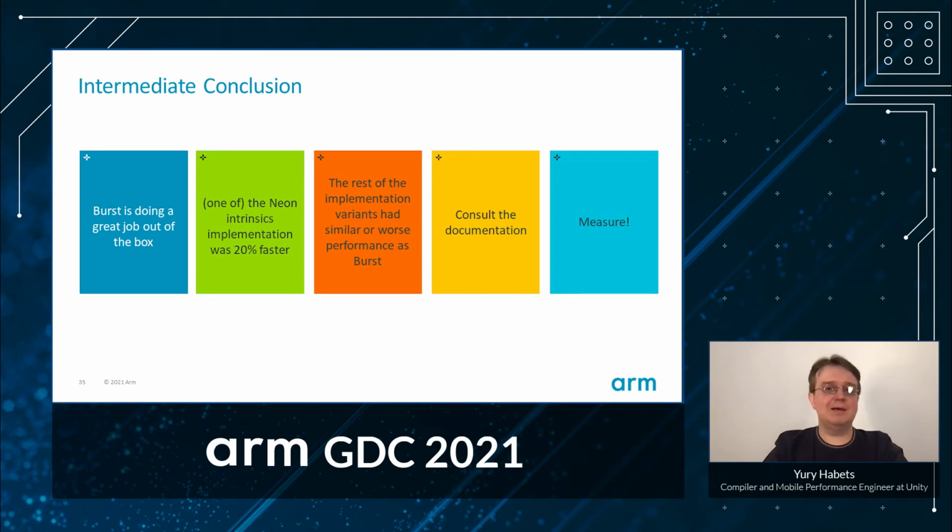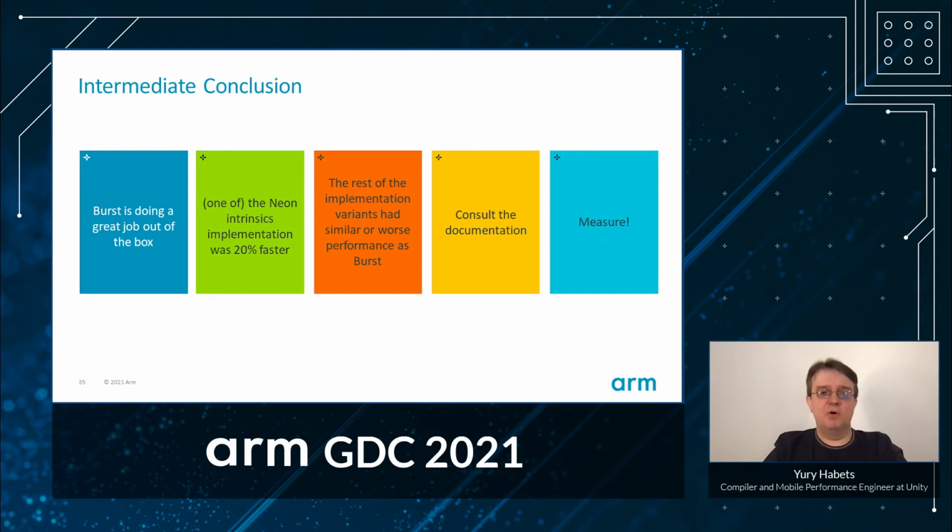Okay, so we just realized that Burst is doing a really great job. We've written 7 new intrinsics implementation variants in C#, and one of them was 20% faster than bursted code. Great result. However, the remaining 6 had performance same as Burst or even worse, so some effort and experience is needed to write efficient Neon code, even for the simplest example.